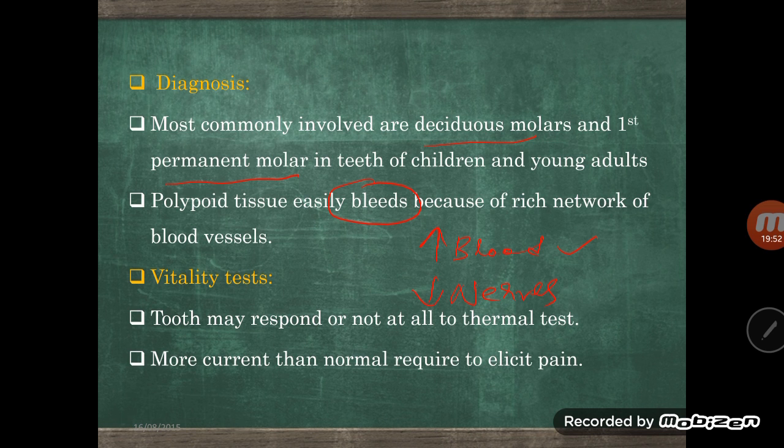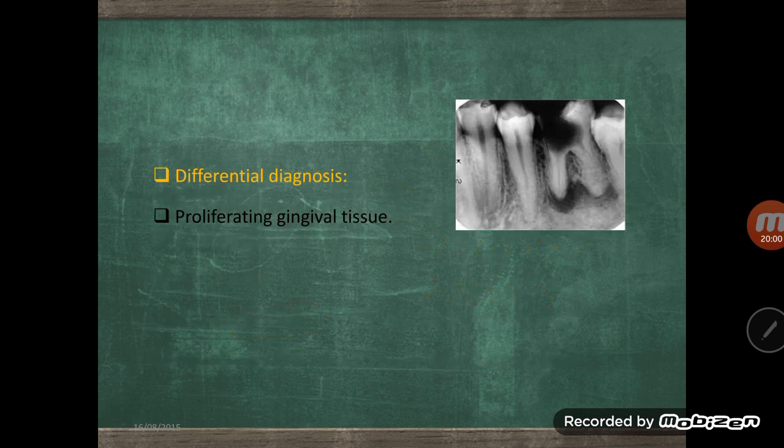The tooth may respond or not at all to the thermal test. Sometimes the pulp will be vital, and a higher current than normal is required to elicit pain. The differential diagnosis is a proliferating gingival tissue, that is, a gingival polyp. A gingival polyp doesn't bleed, whereas in hyperplastic pulpitis the pulp polyp bleeds.